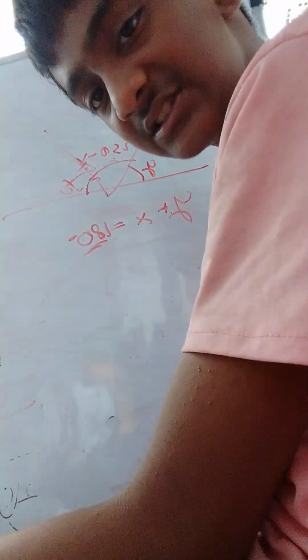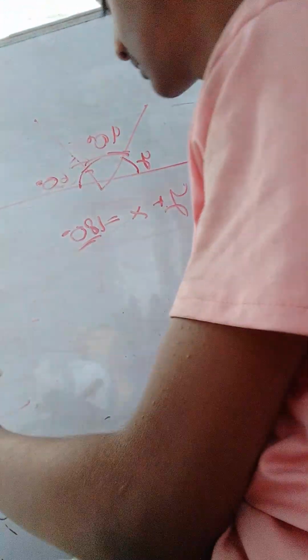And which number do we have to use to make 150 into 90 degrees? If you said 60, then you are correct. So 150 minus 60 is 90 degrees. So in that way, if you use your brain, x is equal to 60 degrees.